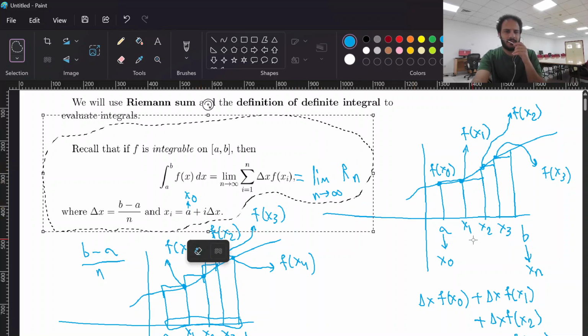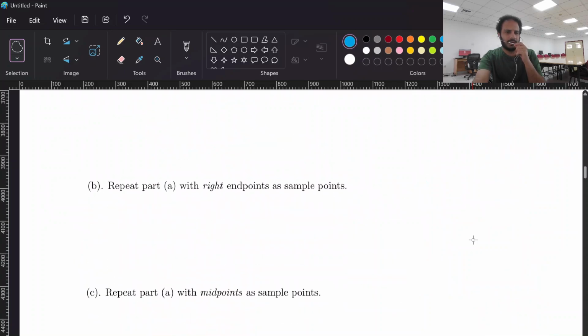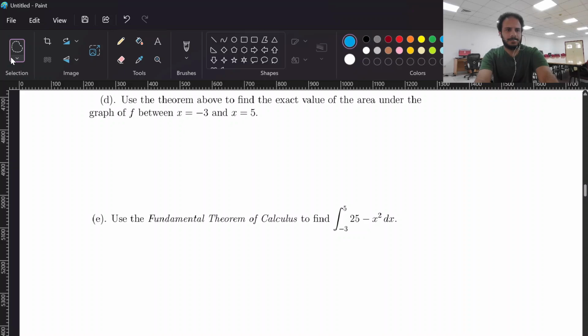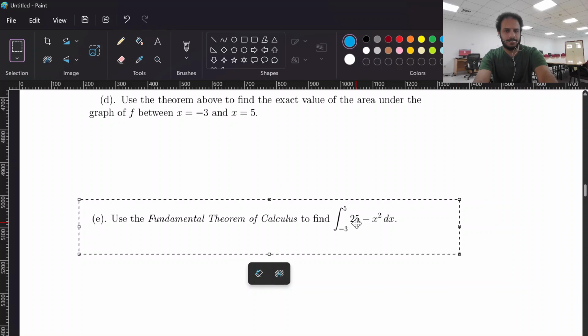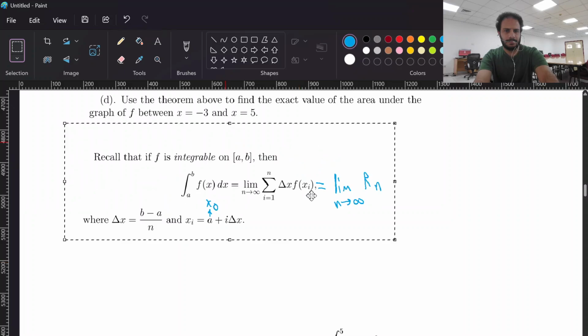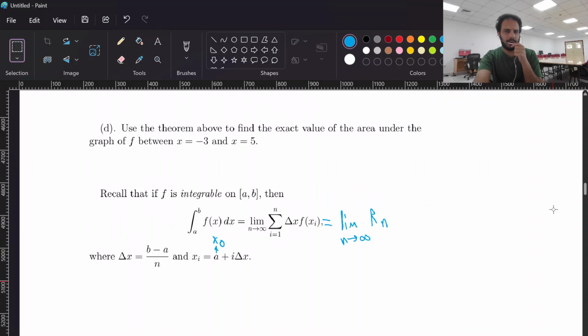We will need this for part D. Where is part D? Part D is here. So we will use it when we reach part D.